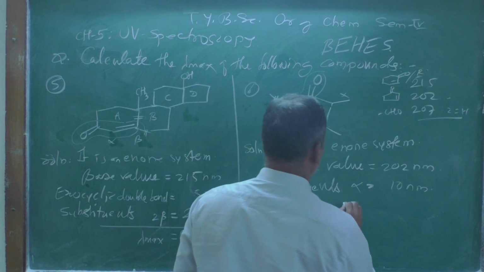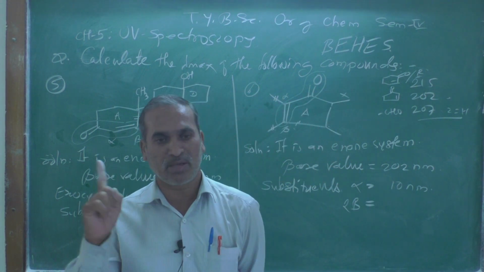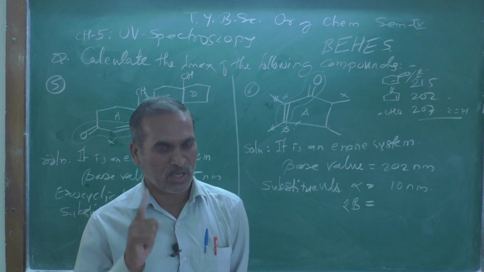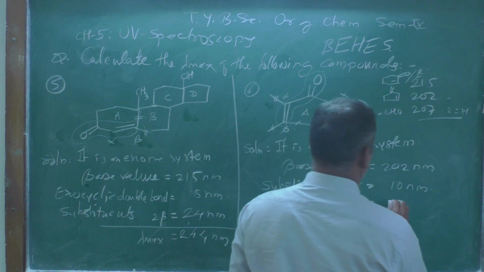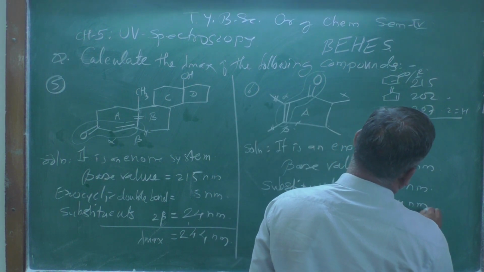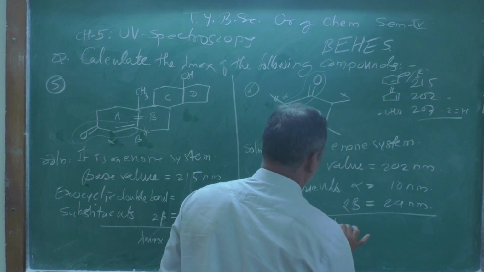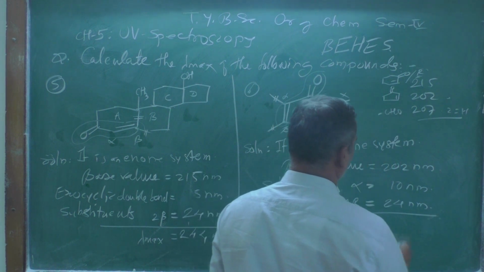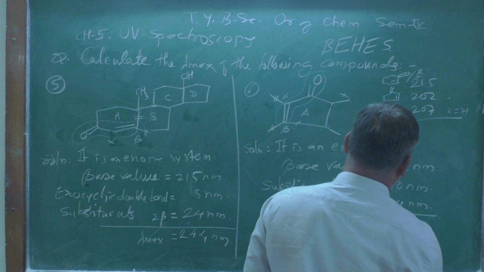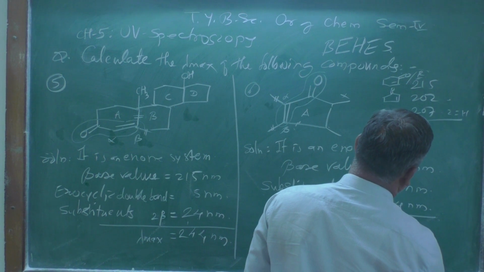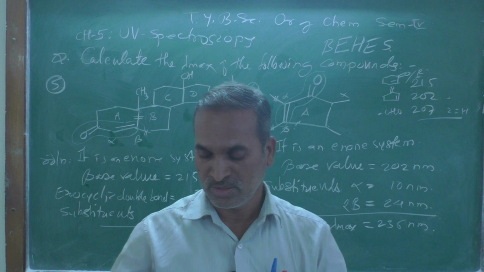As we know, 1 beta means 12, and now 12 into 2 becomes 24 nanometer. Therefore you can write lambda max is equal to 215 plus 10 plus 24, which becomes 249... the lambda max for this molecule.